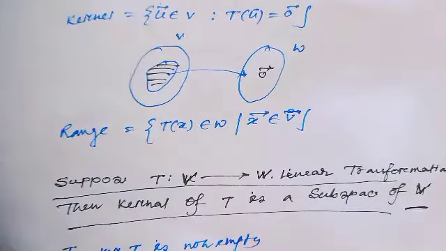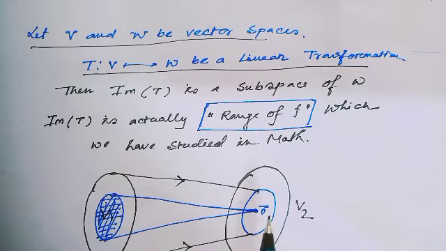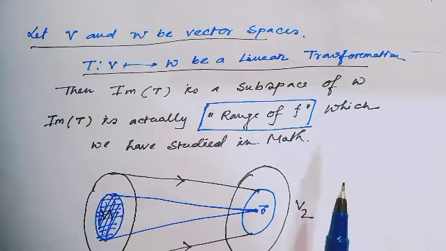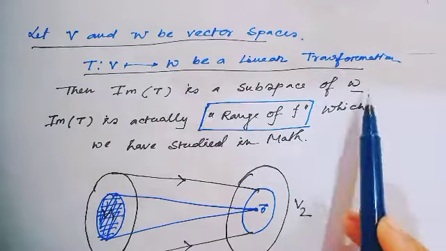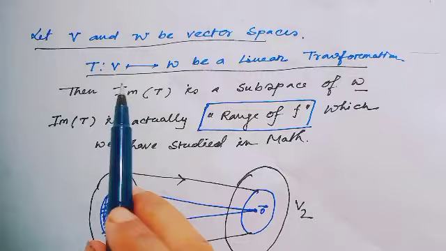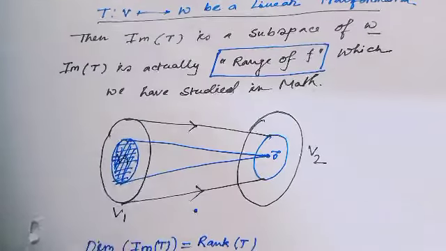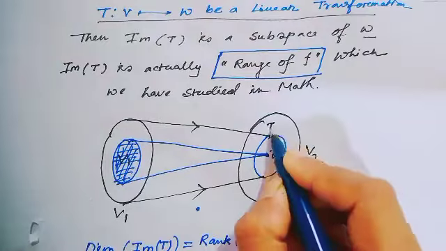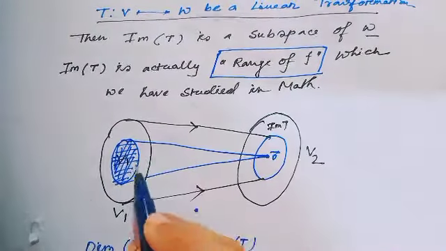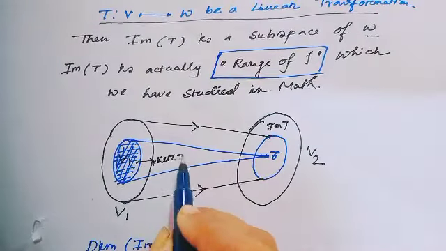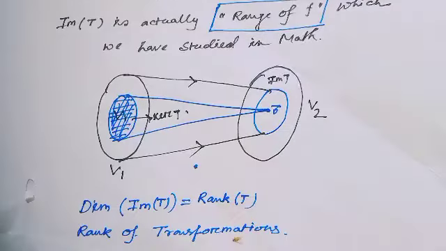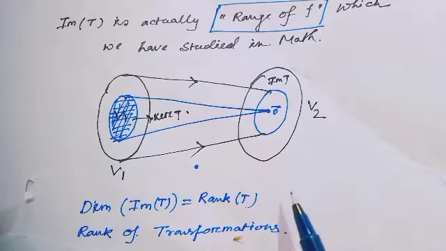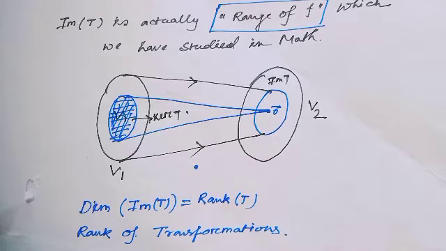Okay? Well, similar to the kernel of a linear transformation, the image of T, that means the range of the function, is a subspace of the vector space W, where T is a linear transformation from V to W. This is the actual picture: this is the image of T, and this is the kernel of T. And the dimension of the image of T is the rank of the linear transformation.